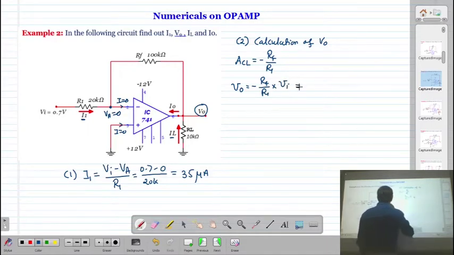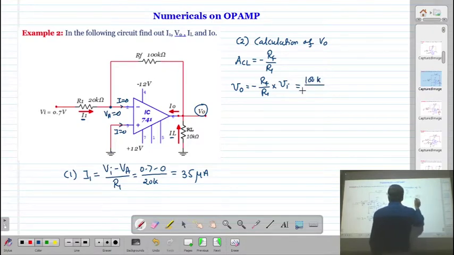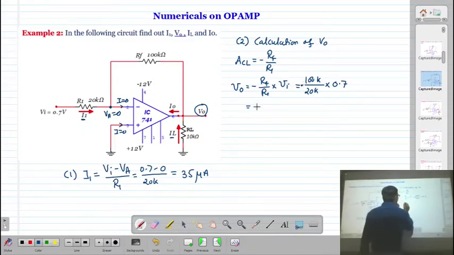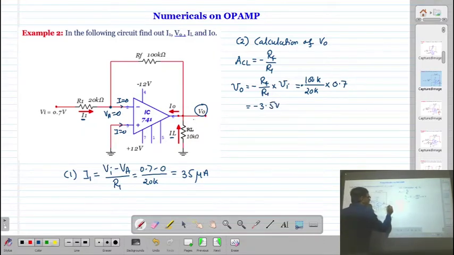Rf is 100 kilo ohm, R1 is 20 kilo ohm, and VI is given as 0.7. So the output voltage will be 100 by 20, that is 5, multiplied by 0.7, so it is minus 3.5. So the voltage at this point is minus 3.5 volt.